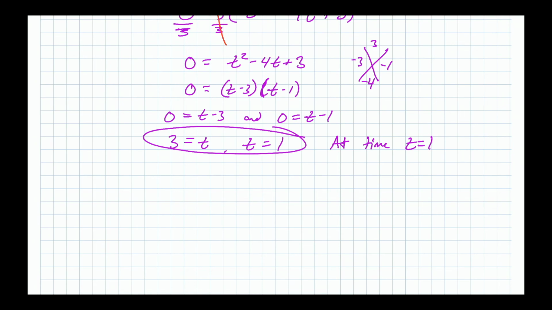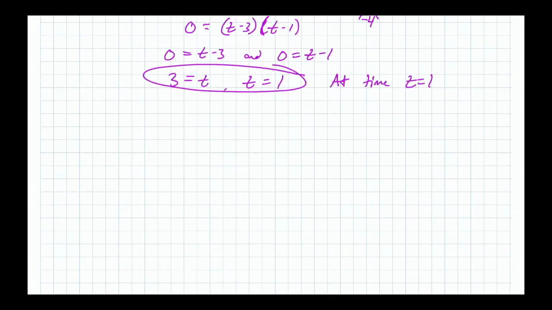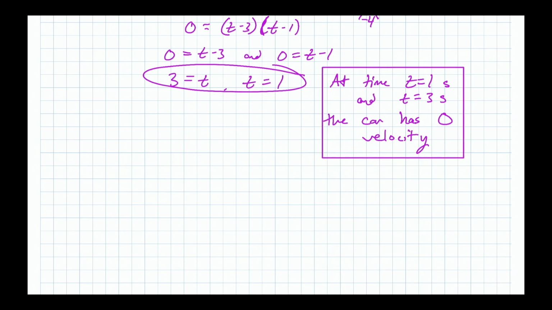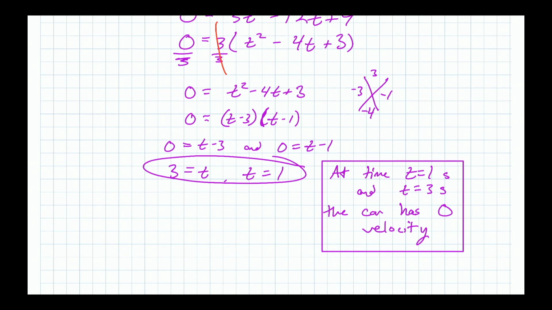At t equals 1 second and t equals 3 seconds, the car has 0 velocity. Make sure you pay attention to what variable they're talking about. Velocity is 0, not the time, so you're not plugging in t equals 0 there.